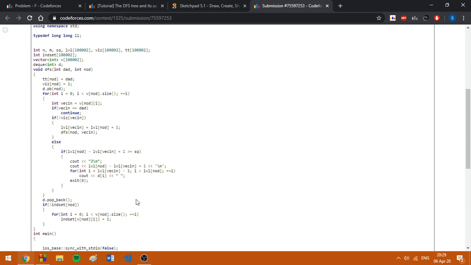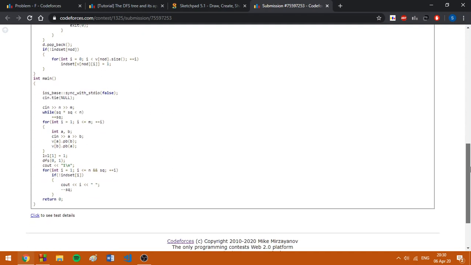Basically, if our vertex isn't marked as not eligible for our independent set, we're just going to mark its neighbors as ineligible. And it turns out that we can always print at least square root of n vertices, as the problem requires us to do.